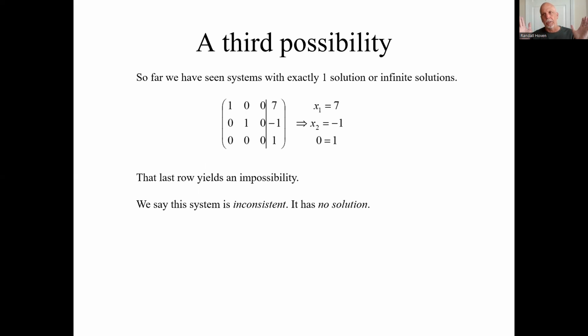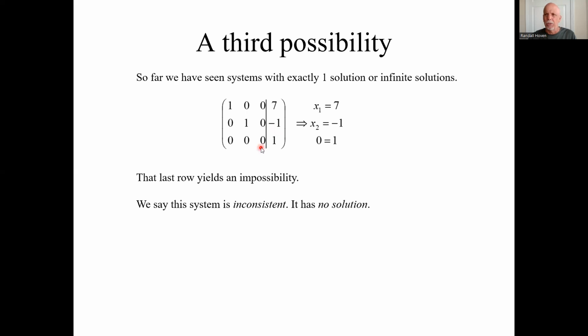So now we've got a third possibility. So far, we've had exactly one solution, an infinite number of solutions. What about this guy? We did all our Gaussian elimination. We came up with this augmented matrix in row echelon form. The top one says x1 equals 7, x2 equals -1.